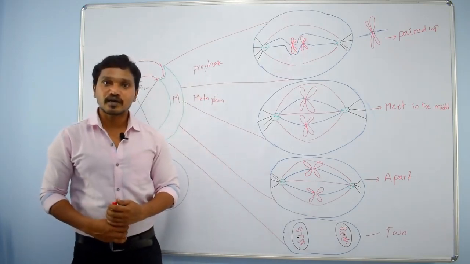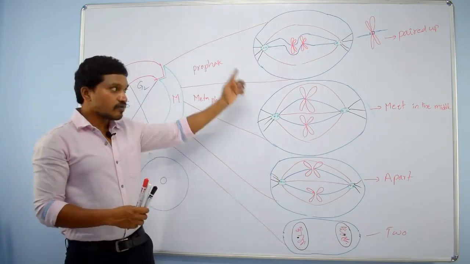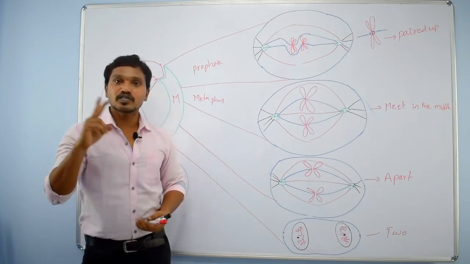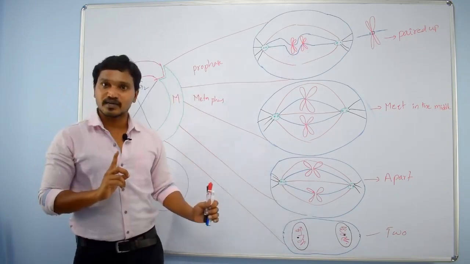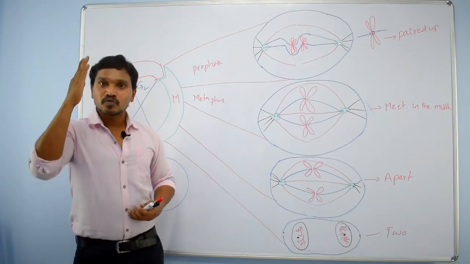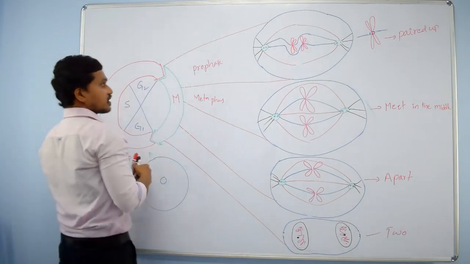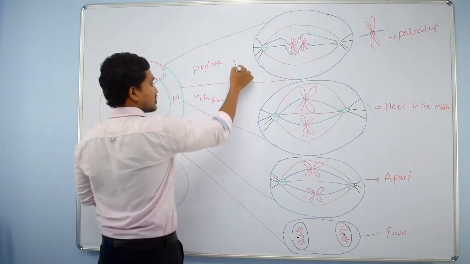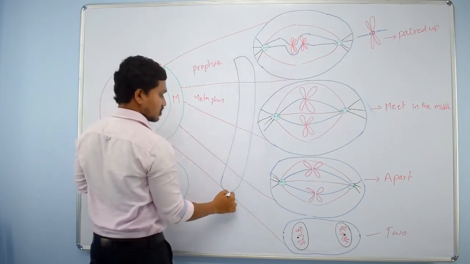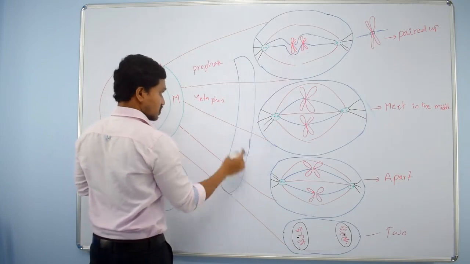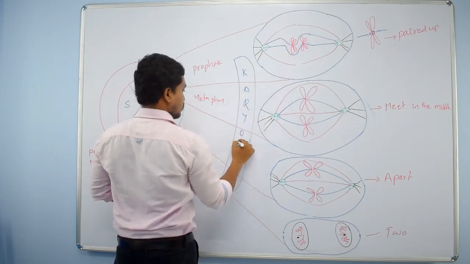So up to here, in this phase, we have divided the single nucleus into 2 nuclei, but not the cell. The cell is still not separated. So till now we could separate the nucleus only. So all these stages, all these 4 processes, what we call karyokinesis.